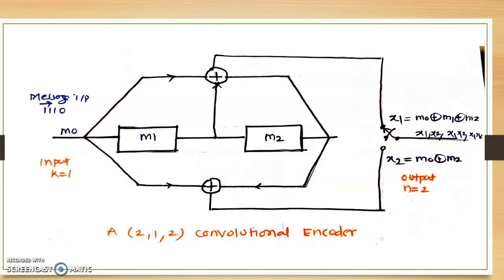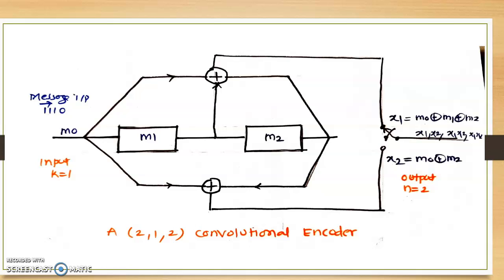Now the output of this encoder has 2 bits, x1 and x2, where x1 has the equation m0 XOR m1 XOR m2, and x2 has the equation m0 XOR m2. So for every single input message bit we will have 2 output bits. So if I give 4 bits as an input message, I will have 8 bits as output.